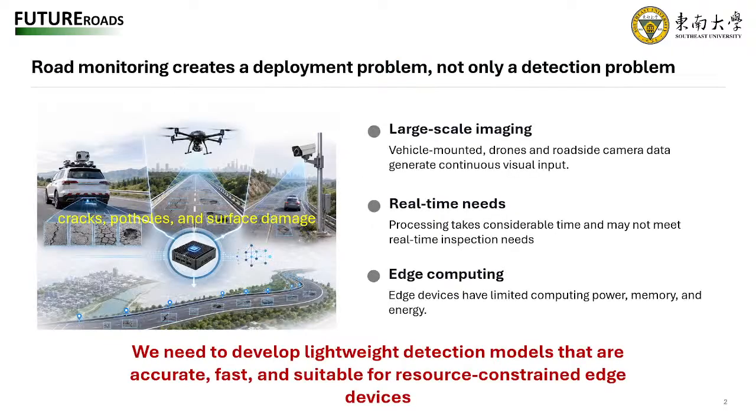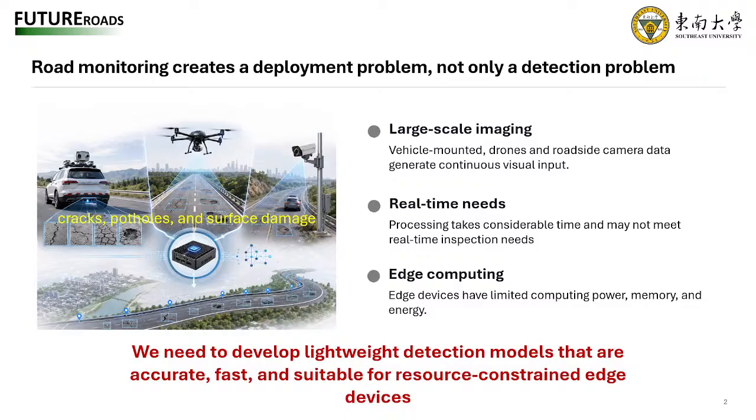Currently, many roads are suffering from different kinds of defects, such as cracks, potholes, and surface damage. We usually collect road images from vehicles, drones, and roadside cameras. However, this can generate a huge amount of visual data. Sending that data to the cloud for pre-processing takes considerable time and cannot meet our real-time processing needs.